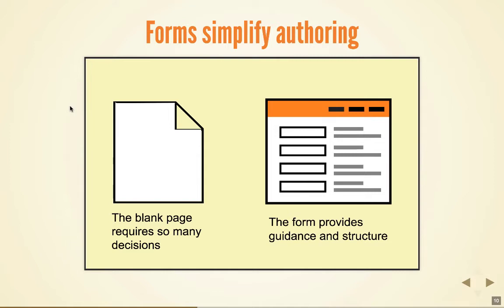Takes away a lot of the guesswork. The blank page requires a million decisions. What do I call this thing? What should be described? And especially if you're a tech writer going into this engineering space, it may be really overwhelming. What do engineers need to know? What am I supposed to document? Well, here you have a map. You've got a form. Just fill it out in the right structure. It asks for these things.